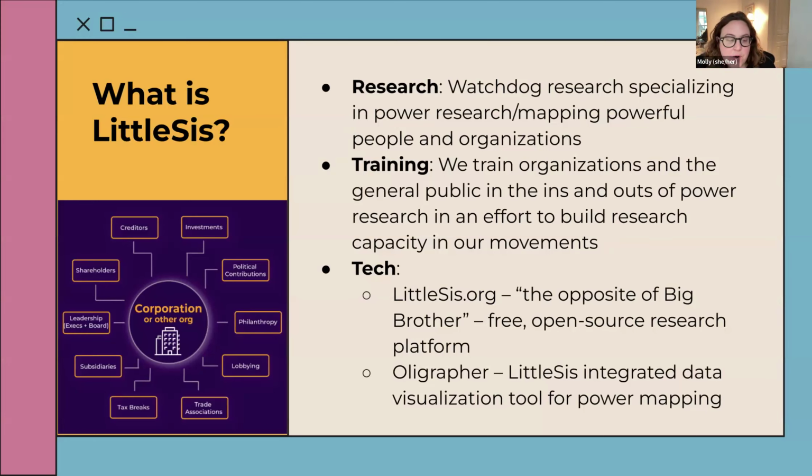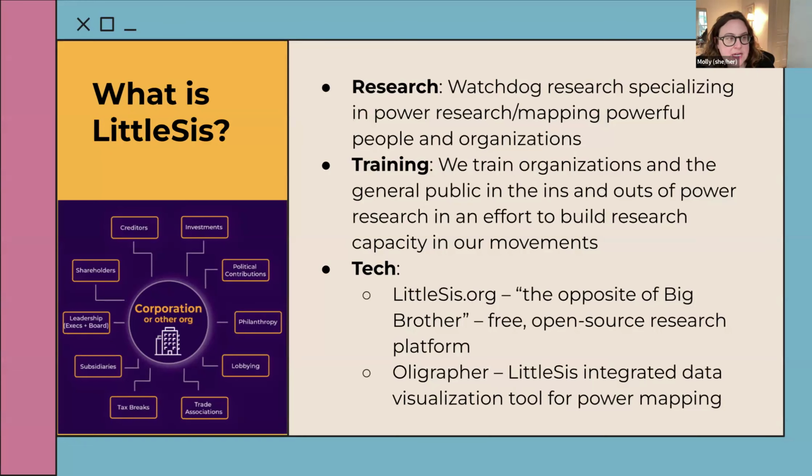We also oversee pieces of tech that help facilitate that kind of research. Our flagship piece of tech is littlesis.org, which we sometimes call the opposite of Big Brother. It's a free open source platform that tracks connections between powerful people, billionaires, corporations, politicians, think tanks, nonprofits, universities, all the stuff that we've been talking about.